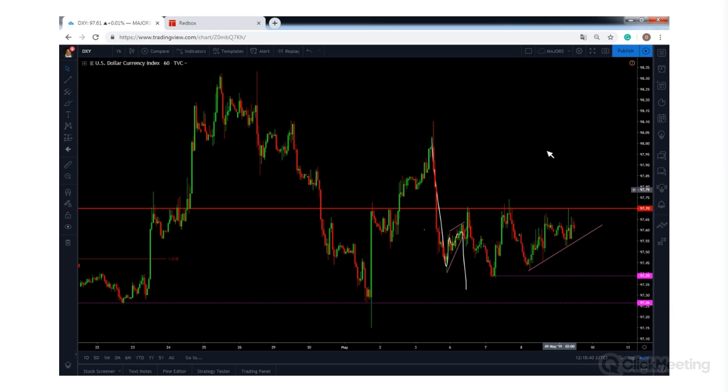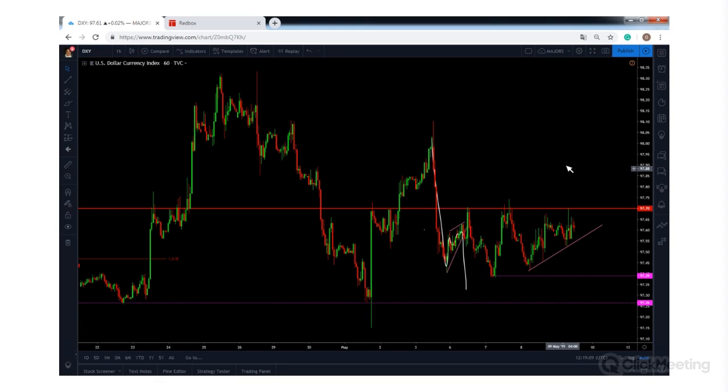Okay, because of the data that has come out, the jobs data out of the US, and also the unemployment rate that has hit a 49-year low, we were expecting a rally in the US dollar, and we are still expecting that rally.